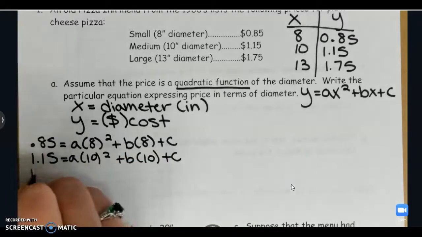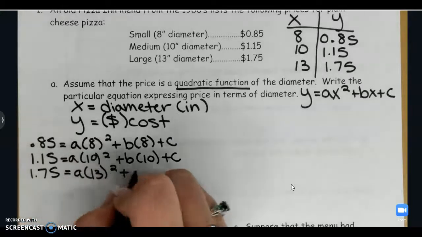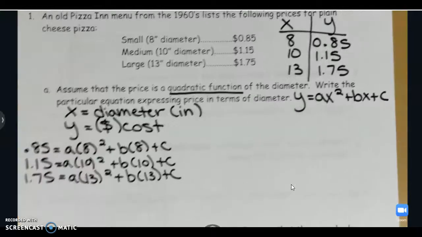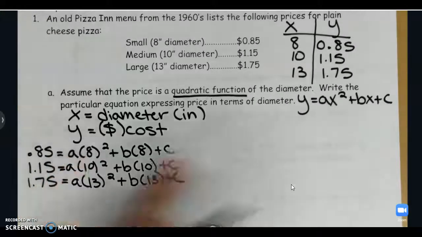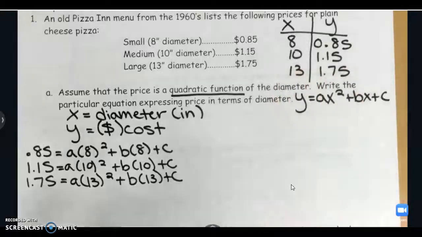And then the third equation. I know it's been a couple days and you've slept since then when we were doing our matrices, so we'll be plugging in our y values and then our x values for each pair in our table.